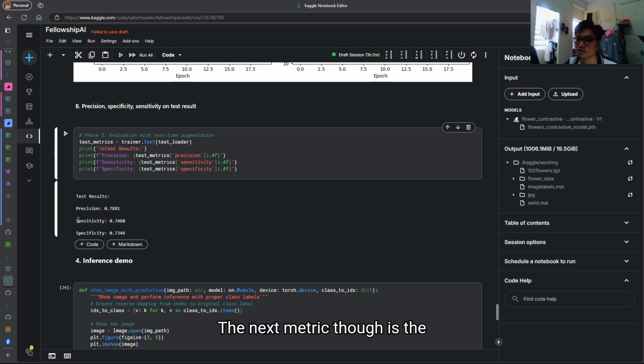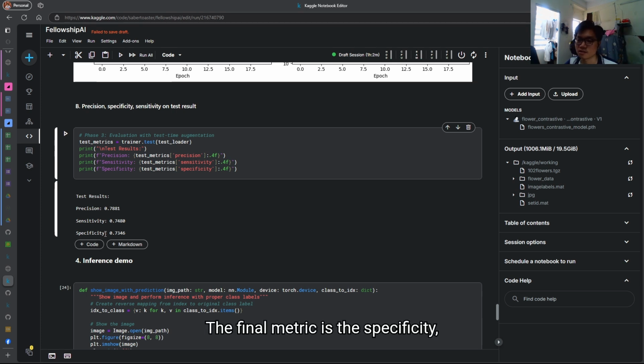The next metric is the sensitivity. It shows that the model correctly identifies about 75% of the actual flowers in each class, and it indicates the ability of the model to find all instances of each flower type.